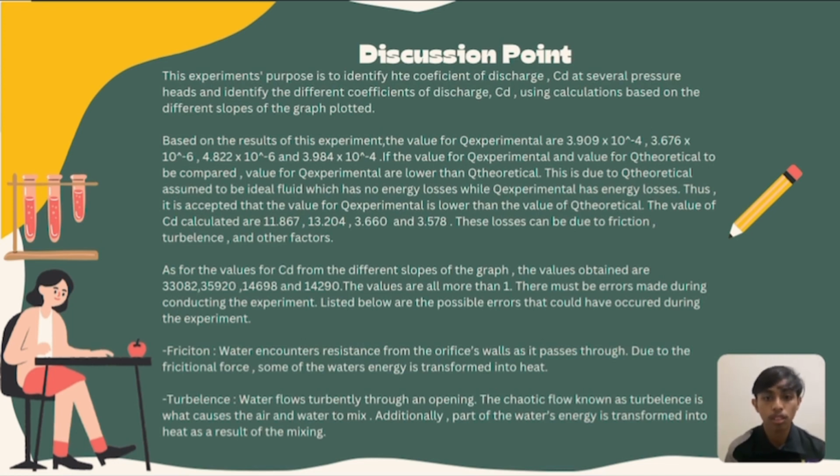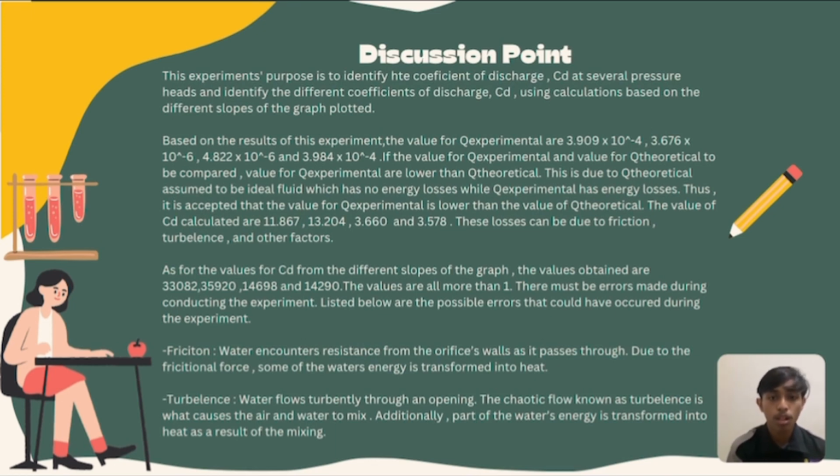As for the values of Cd from the different slopes of the graph, the values obtained are 33.082, 35.920, 14.698, and 14.290. The values are all more than 1. There must be errors made during the conduct of the experiment.